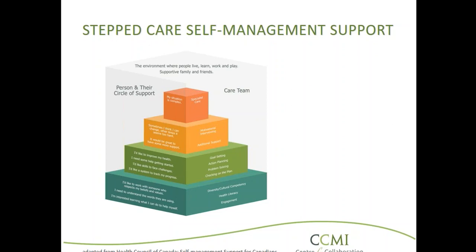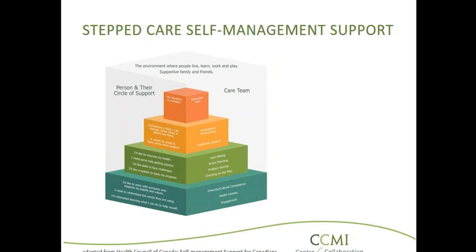The next level up, we talk about goal setting and action planning, activating and engaging patients to set goals for their health that they choose, that they think are important, and the provider facilitates that process by stepping them through how to set a goal effectively and with effective follow-up. We can go up to the next level of care where some patients will really need motivation in order to get engaged in taking care of their health.